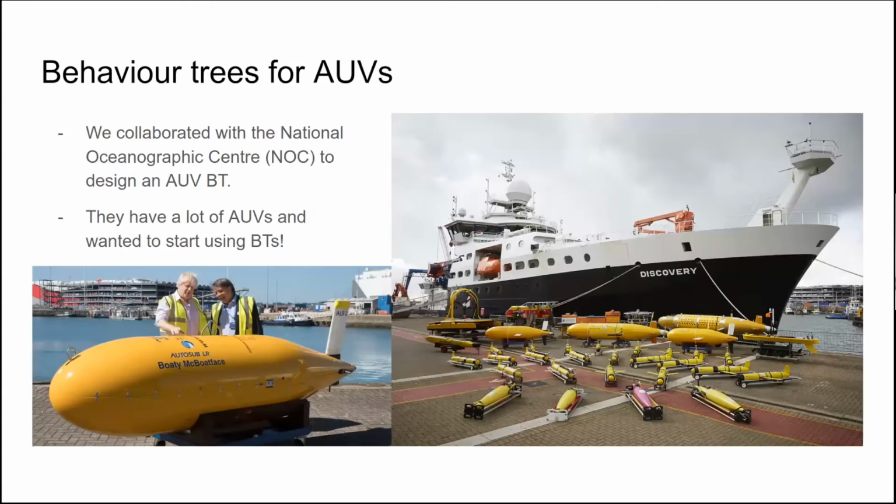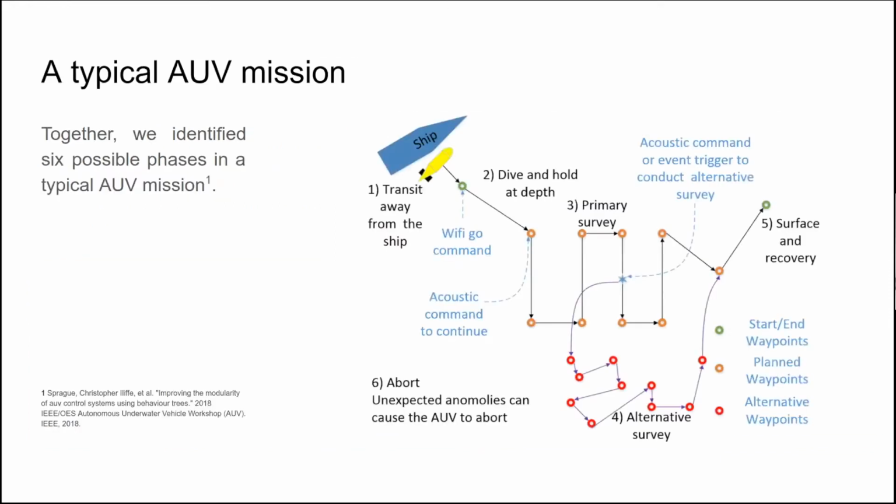In my project, we first started looking at behavior trees for AUVs in collaboration with the National Oceanographic Center in the UK. They wanted to start using BTs. We did a project with them, and we looked at their typical mission plan, which has all these steps outlined here. Most of the time you have some prescribed waypoints that you want to navigate through, but you also want to be able to autonomously add new waypoints based on different things, like Luis mentioned, points of interest.